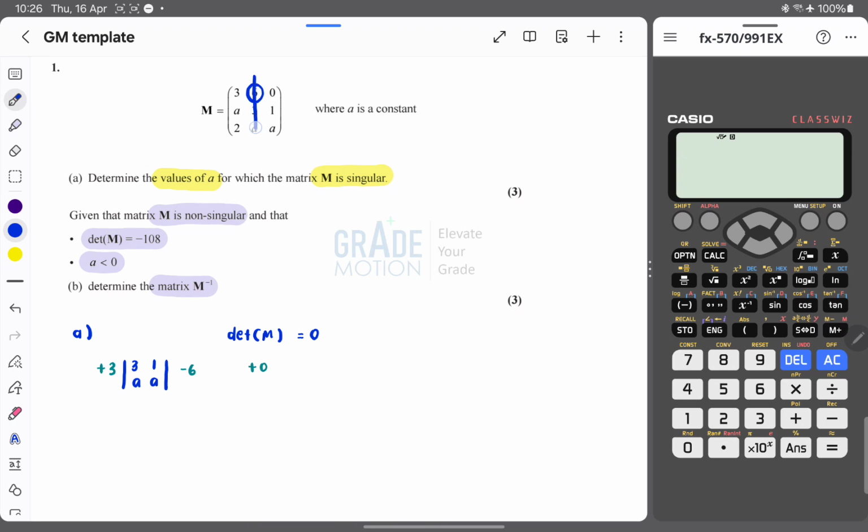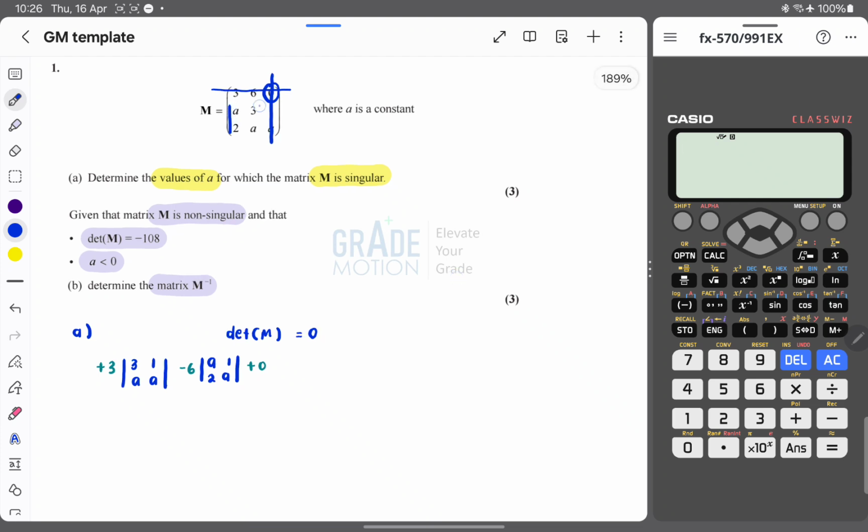We will close its column, we'll close its row. So we're left with A, 1, 2, A. Make sure you follow the order and the arrangement. Here for 0, this is the cell. We're going to close its column, close its row, and we're left with this matrix: A, 3, 2, A.